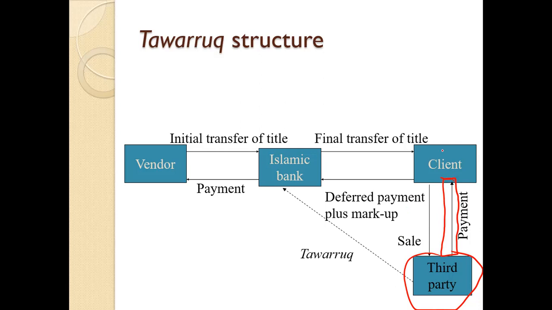Okay, the client is here. You can think of the client as working as an agent. Say, for example, this third party does not know how to purchase from the vendor, or does not know how to make a contract with the Islamic bank. So who are you? You are working as an agent. So why are you working as an agent? Because you require cash, and you have the expertise on how to make this transaction or how to purchase from the Islamic bank.